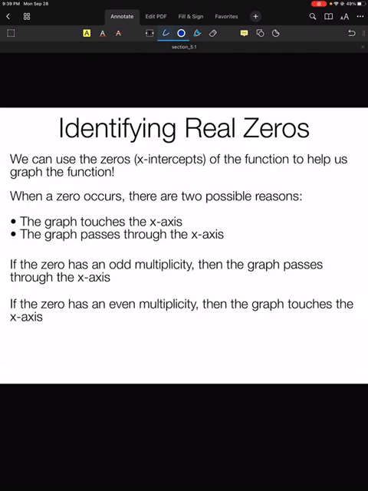If the zero has an odd multiplicity, then the graph passes through the x-axis, and if it's even, then of course the graph only touches the x-axis. So keep that in mind when you're doing mathematics by yourself in your room, to keep things straight.